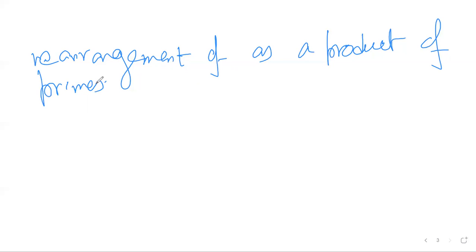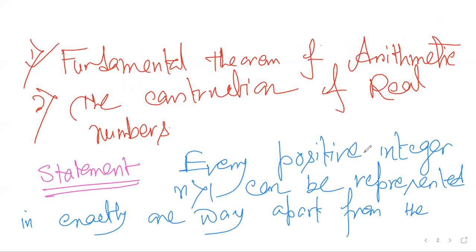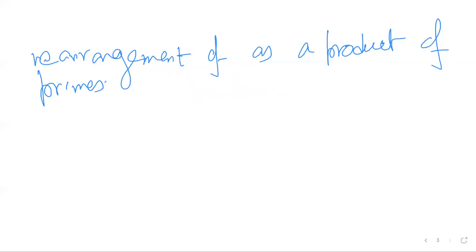Now explain the statement first. So the statement says every positive integer can be written as a product of primes in exactly one way, apart from the rearrangement. What is the meaning of that? First take a positive integer, say 6. I can write it as 2 into 3 or 3 into 2. This is the rearrangement.